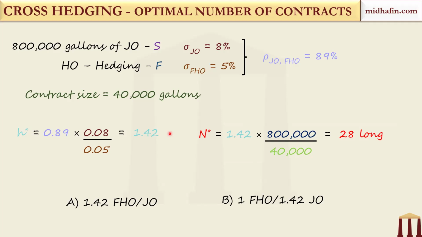That is a technical definition, but what does it actually mean? See, let's say in this case, we have calculated everything and we go 28 contracts long in the futures contract.